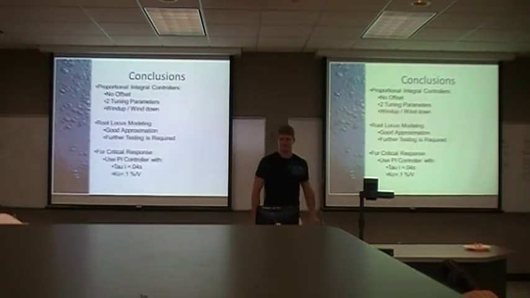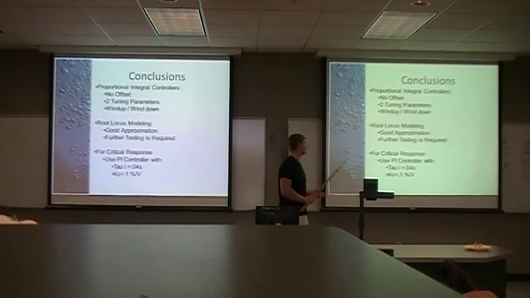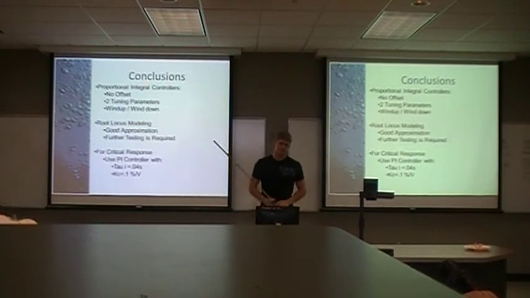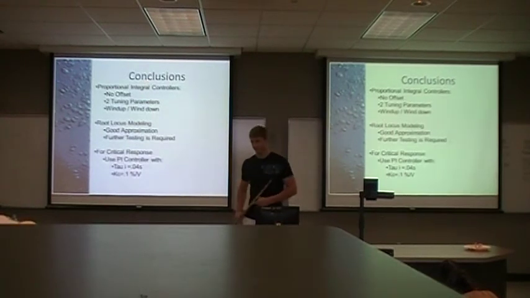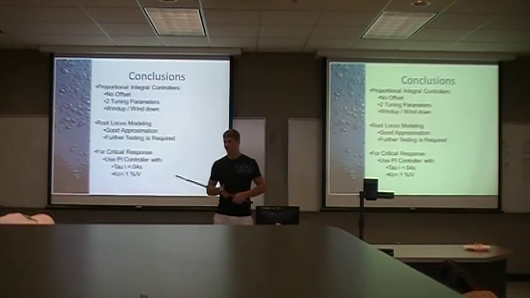Now, we're concluding here that the proportional integral controller has no offset. It uses 2 tuning parameters, but it does have a case of windup and wind-down that you would have to take into account. The root locus modeling is good for approximation, but will not give you the exact values unless you use some hardcore modeling and get pretty accurate.